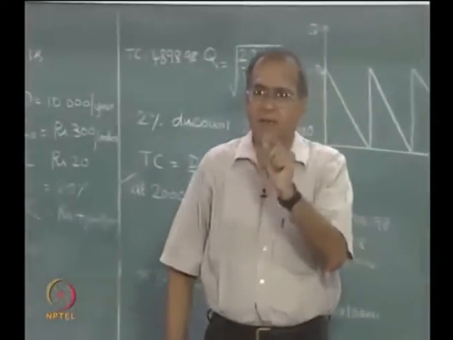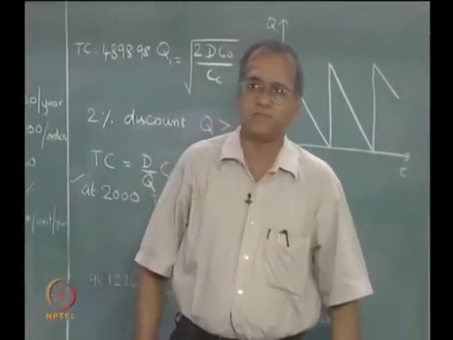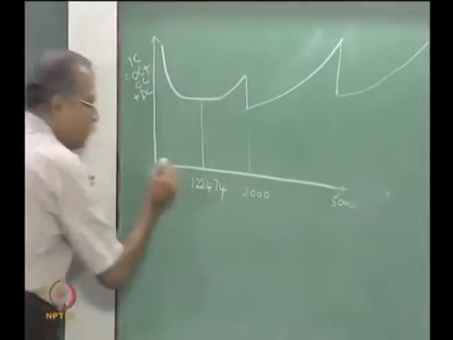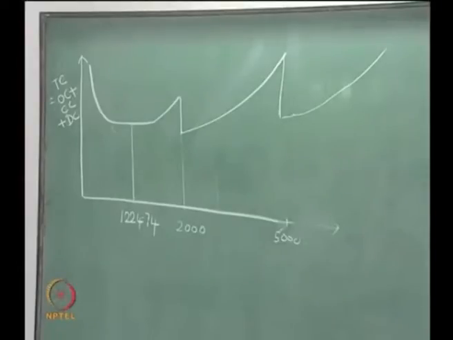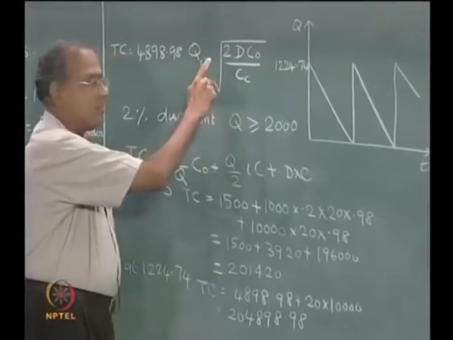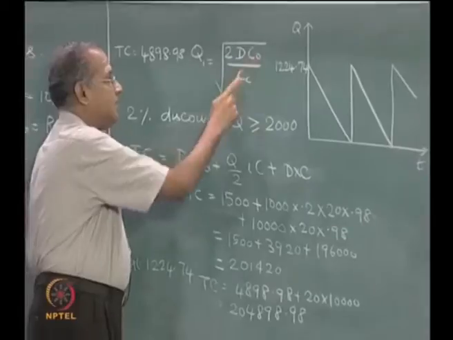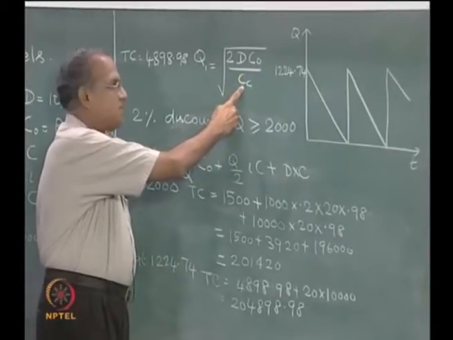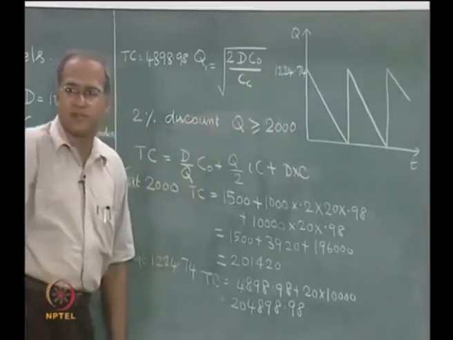The other minor adjustment there is that the economic order quantity can also shift a little bit. If there is a 0.5% discount at 1000, then the quantity changes from root over 2 into 10,000 into 300 divided by 4, which is the original one, which gave us a value of 1224.74.